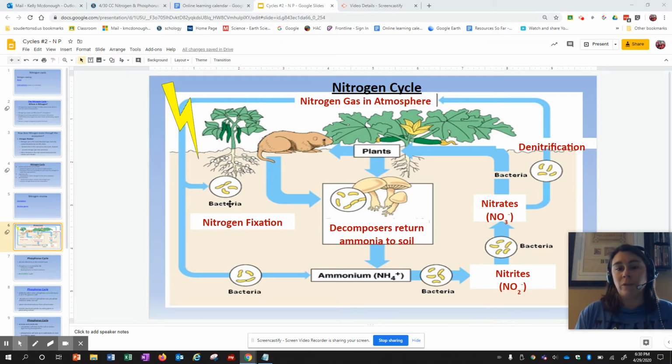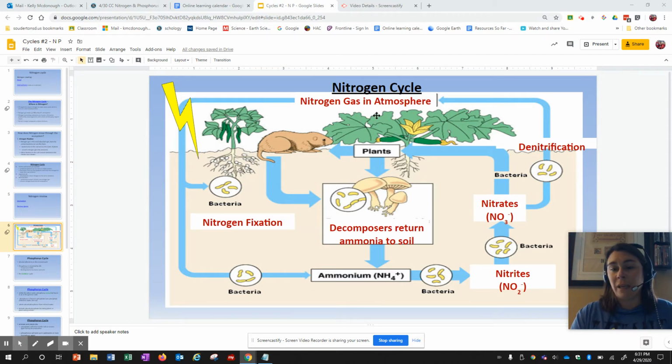Both are able to be used by plants. You do not need to know when it's ammonia, when it's a nitrite, and when it's a nitrate. All you need to understand is the overall concept that nitrogen fixation means we're literally fixing the nitrogen. Bacteria take that nitrogen and, boom, boom, boom, through the cycle, they make it usable so that plants can pull up the nitrogen nutrients from the soil.